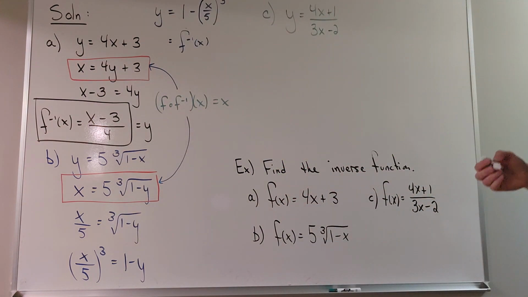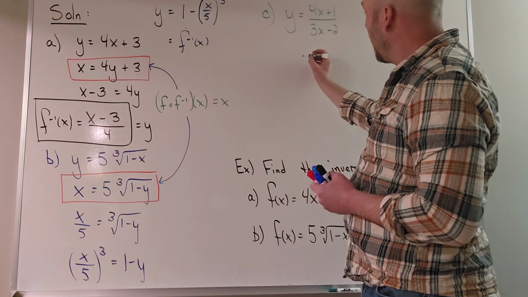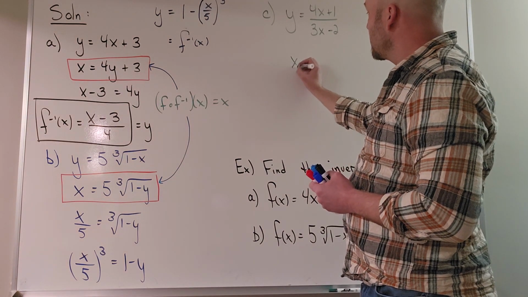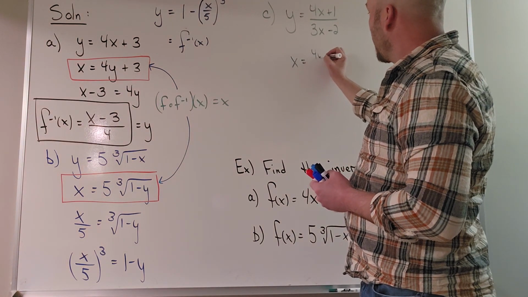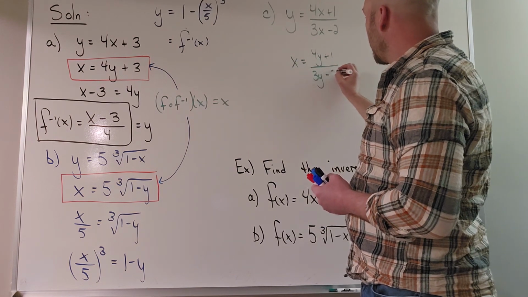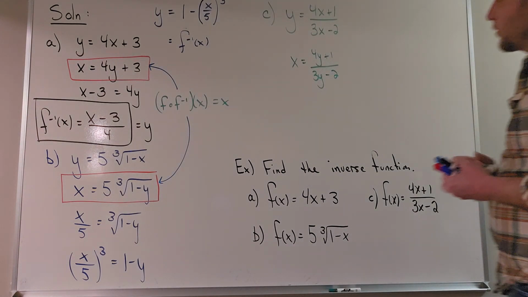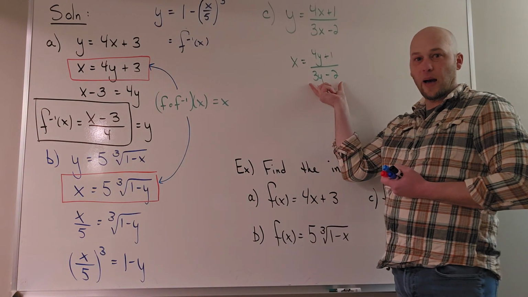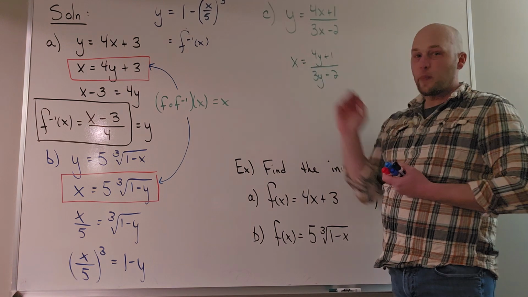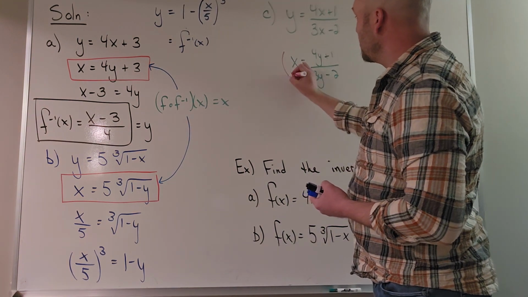So I'll write down the original function with the f of x replaced with y. Then I'll interchange x and y, giving me x is equal to 4y plus 1 over 3y minus 2. My goal is to solve for y, so I have to get this out of the denominator. Okay, so I'm going to clear the denominator by multiplying both sides by 3y minus 2.